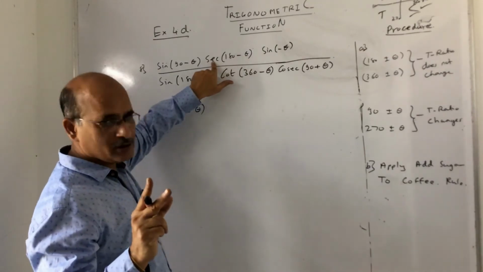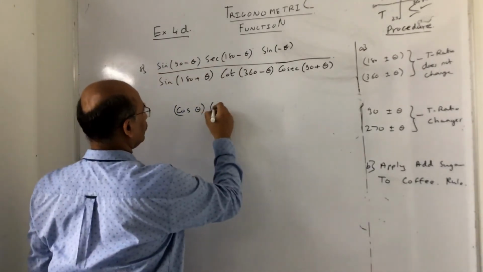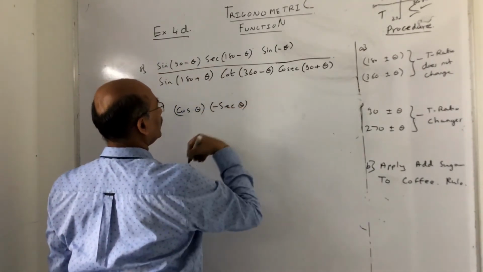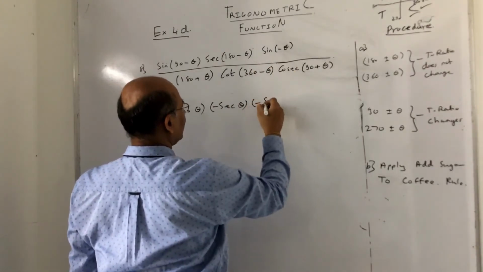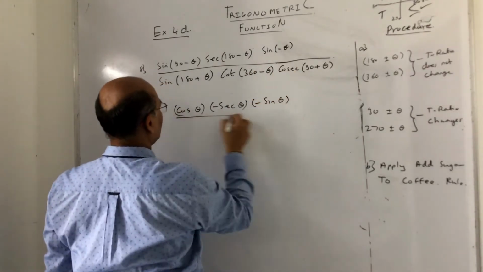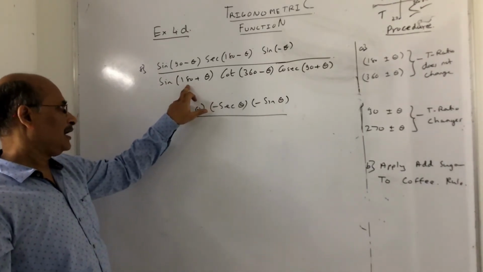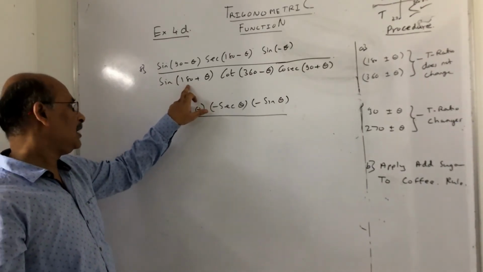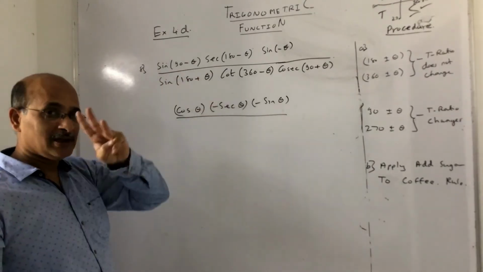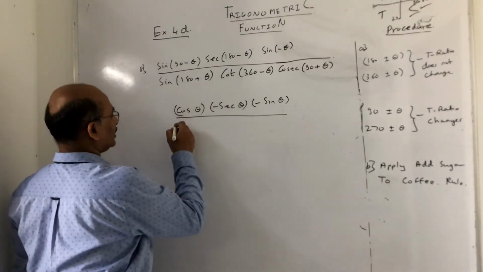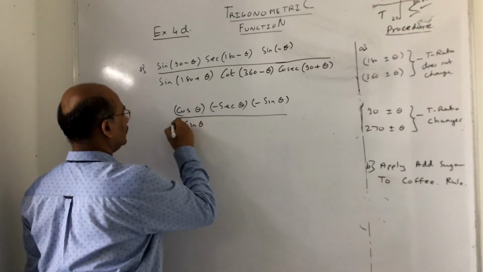So sec is positive, negative, negative. Sine of minus theta is minus sine theta, upon 180 plus theta. The ratio remains the same because it's 180 plus or minus theta. So sine theta, but 180 plus theta is third quadrant. So this is nothing but minus sine theta.